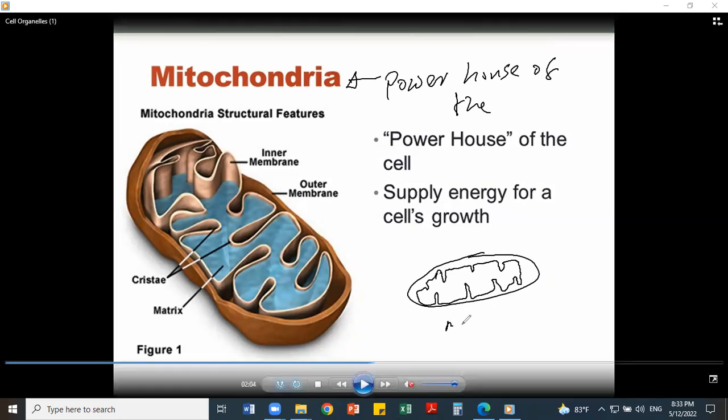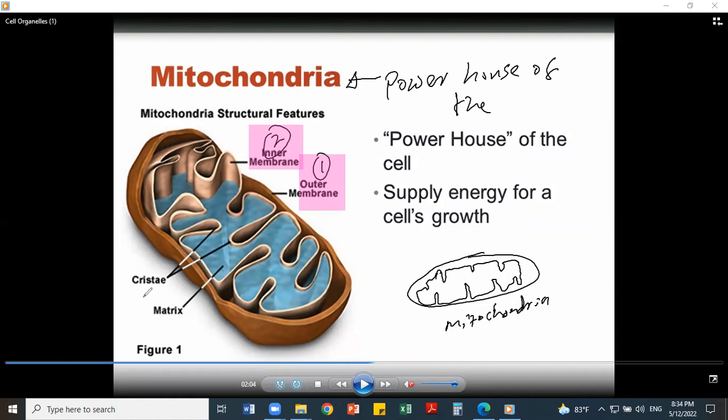So this is mitochondria. So it's a double membrane. So you can see outer membrane and then inner membrane.